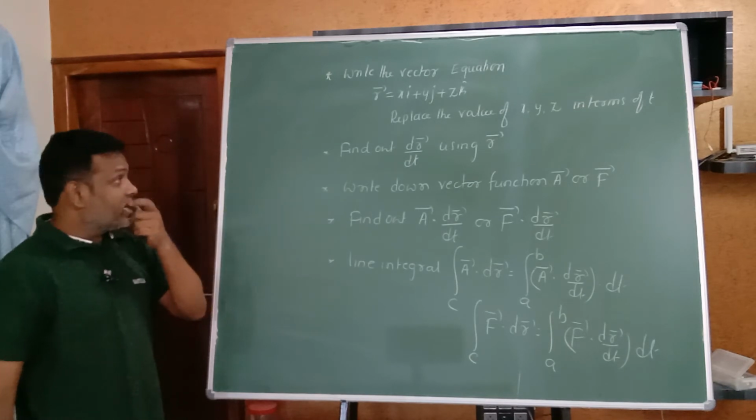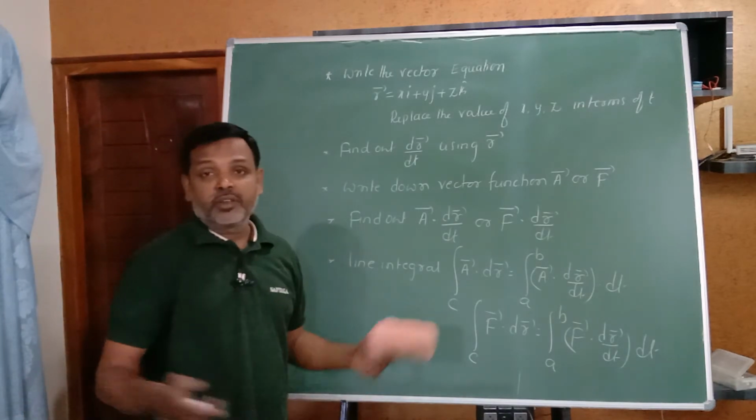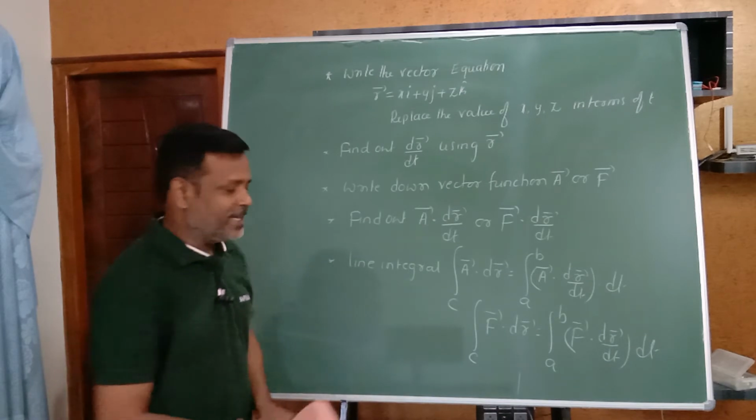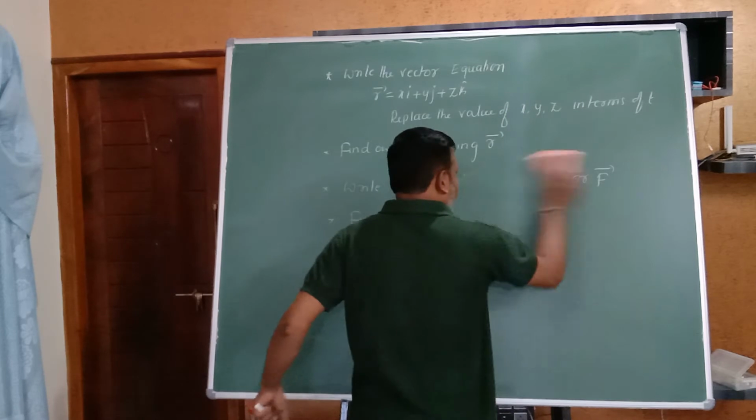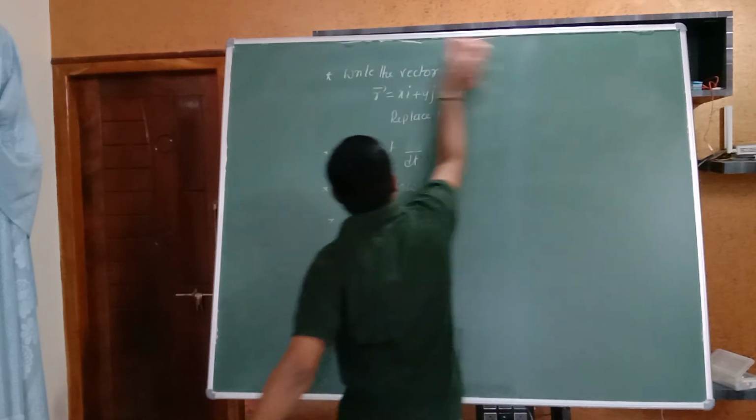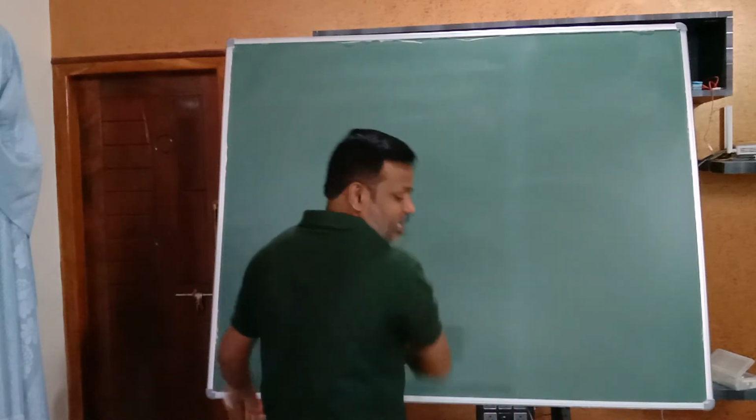So these are the steps involved while working the problems associated with line integral. Right? Now let us understand and do some very beautiful problems associated with this line integral. Let us consider a beautiful problem here. So what is the problem, sir? If F vector is equal to, they are given force, right?